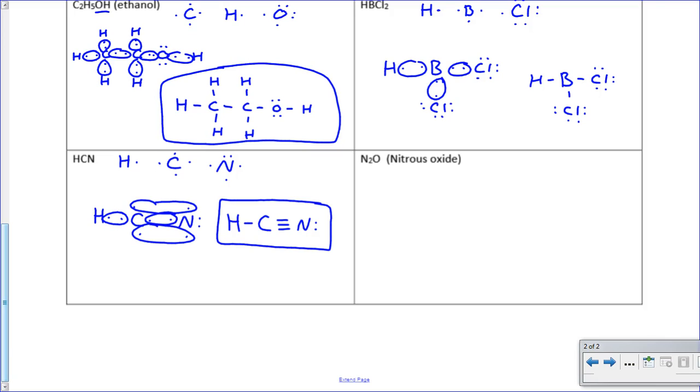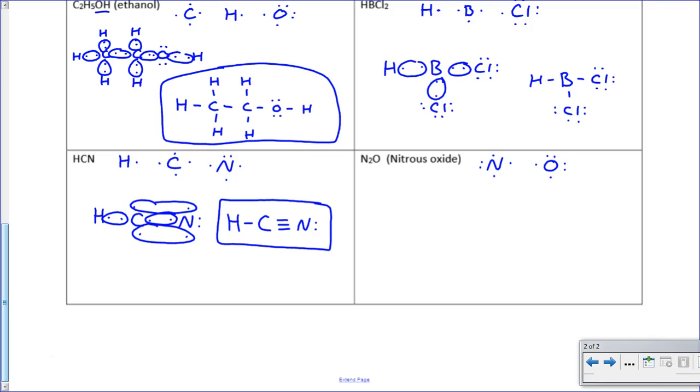All right, N2O. N2O is one of those weird ones where it's going to have electrons kind of being transferred from one to another. And so what we get here is we've got 2 N's. N's have 5 valence electrons and want to make 3 bonds. Then we've got an oxygen in here. It's got 6 valence electrons.